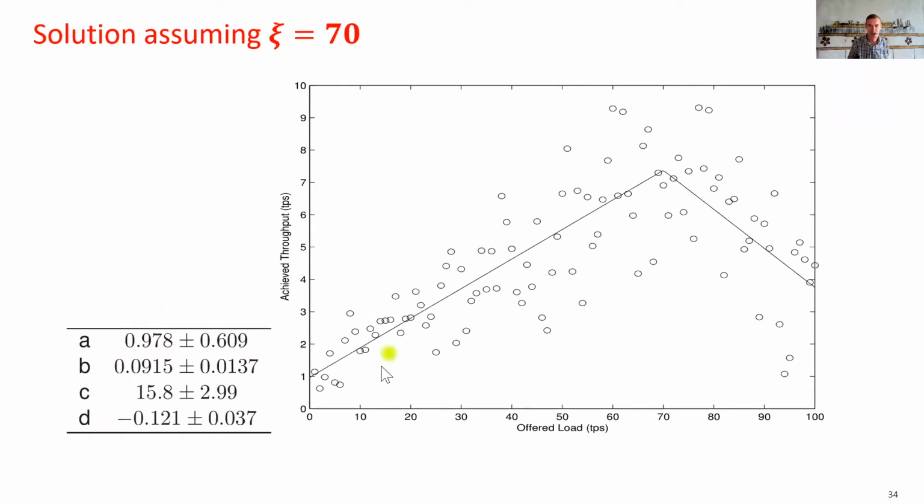Because it is linear, we can fit it using the formulas here. So here I think the x-axis units are a bit different. Assuming here the breakpoint is 70, so I took an arbitrary decision, decided the breakpoint is at 70, then I can fit the 4 parameters, but only 3 are independent.